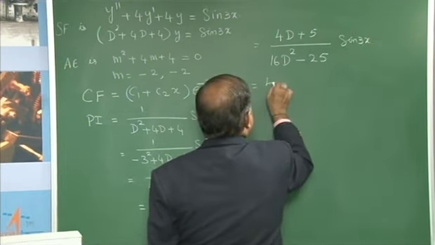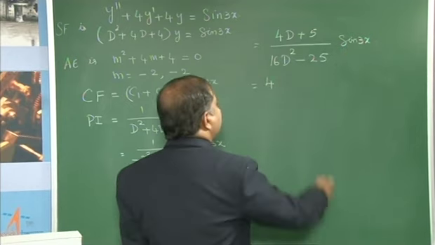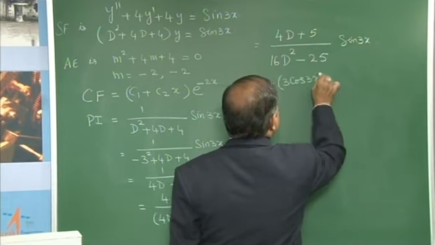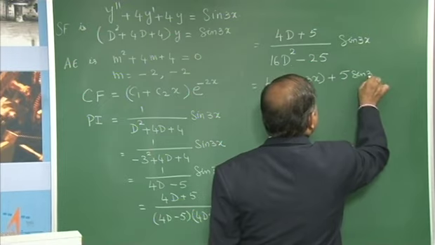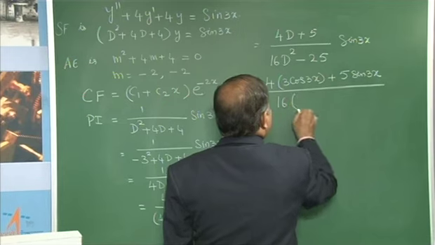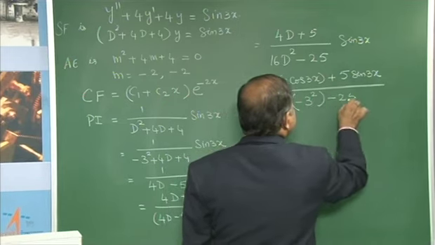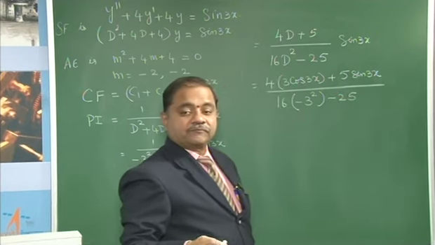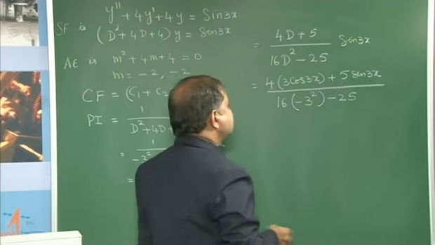Now 4 into D of sin 3x, that means differentiation of sin 3x, which is 3 cos 3x, plus 5 sin 3x divided by 16, again apply the procedure, minus 3 square minus 25, again minus 3 square 9, multiply everything, you will get minus 169.